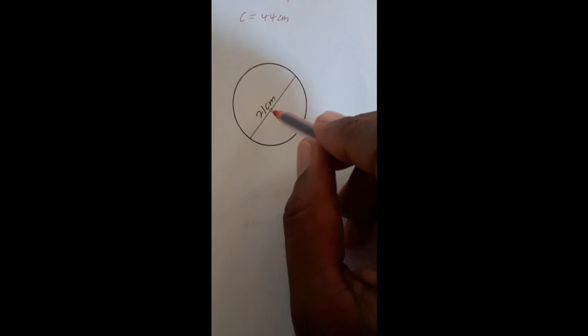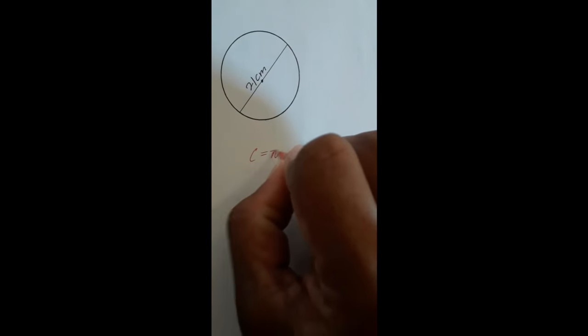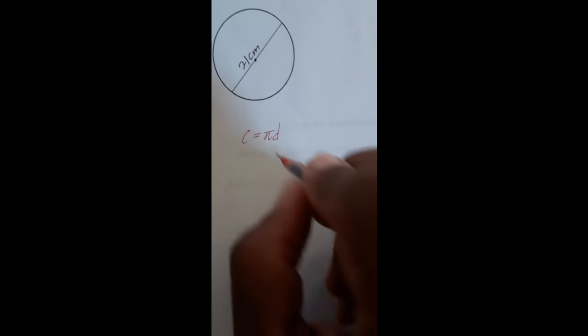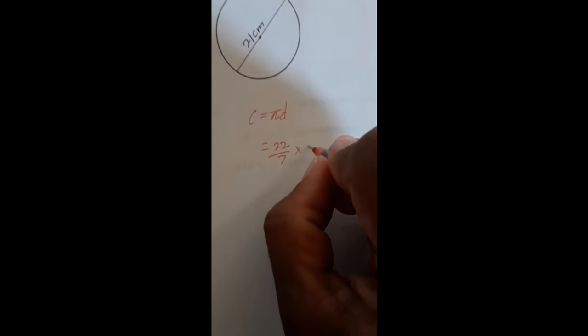Good. Let us now look at another problem. In this question, we are given the diameter. And the diameter is 21 cm. We can use C equals pi d, since we are given a diameter. And for this entire example 1, we'll use pi as 22 over 7. So I'll write 22 over 7 times d, which is 21.